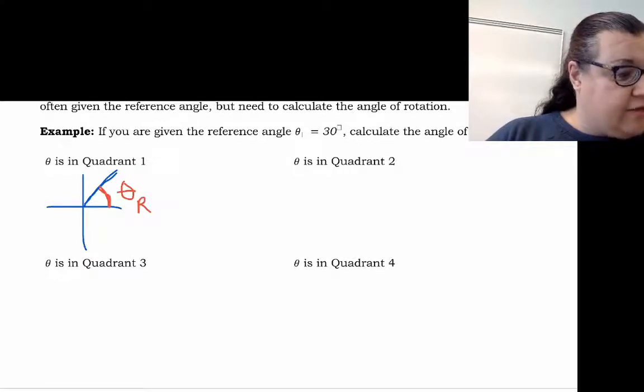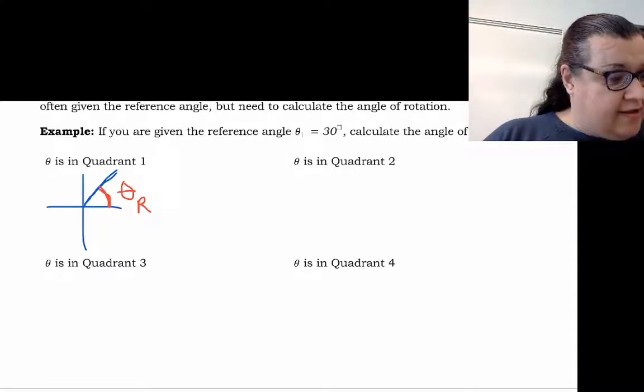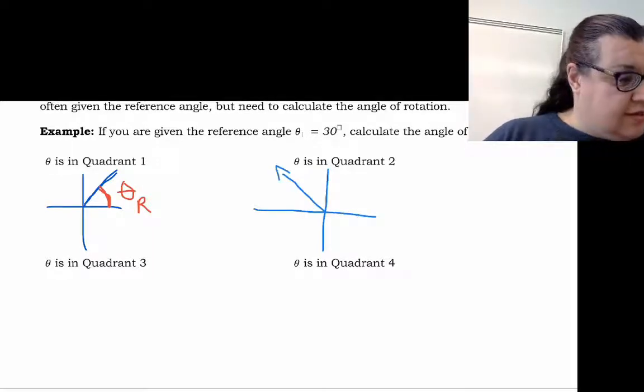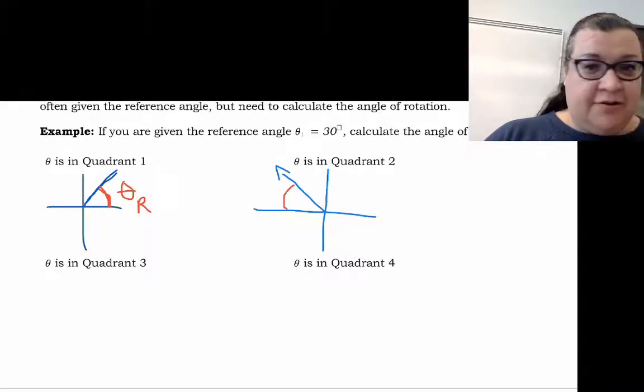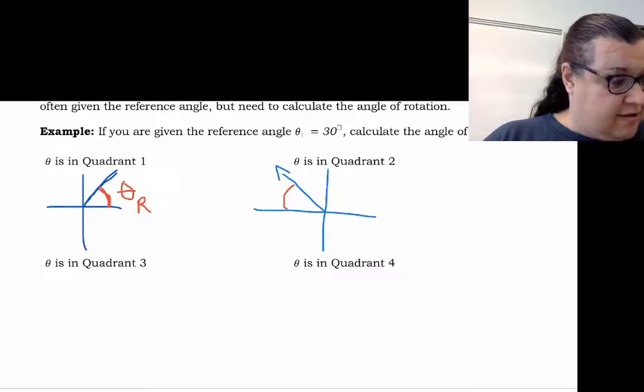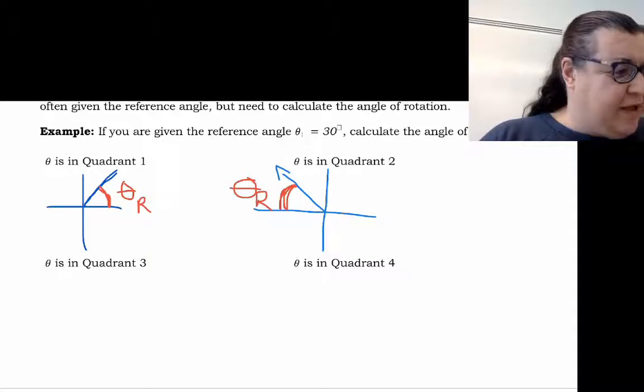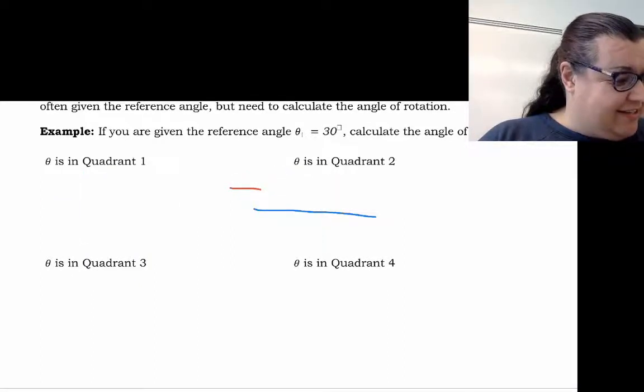Okay, so that's the reference angle for quadrant 1. If your angle is in quadrant 2, meaning your terminal arm is here in quadrant 2, then your reference angle is from the terminal arm to the closest x-axis, so there. So this is your reference angle. Okay, now in this case, sorry, I forgot, we're actually saying we had a specific reference angle. We're saying a reference angle is 30 degrees.